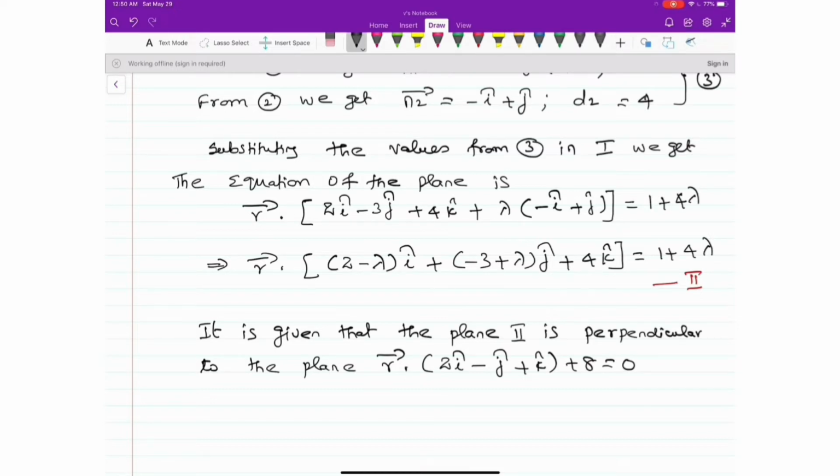See, when we are doing questions of this particular type, that is to find the equation of the plane through the line of intersection of two planes, in that case, to get the value of lambda, some additional condition will be given to you.